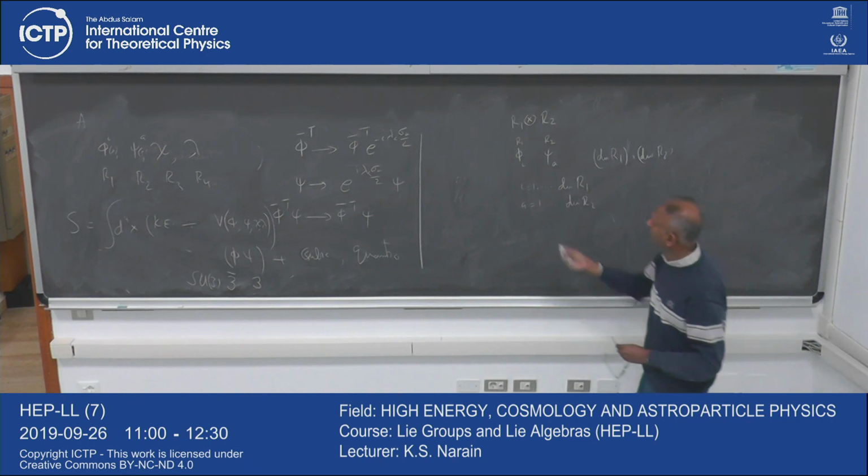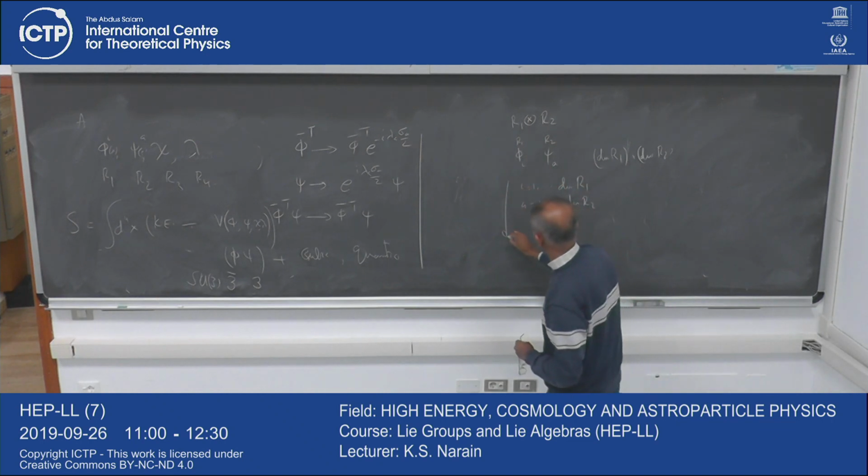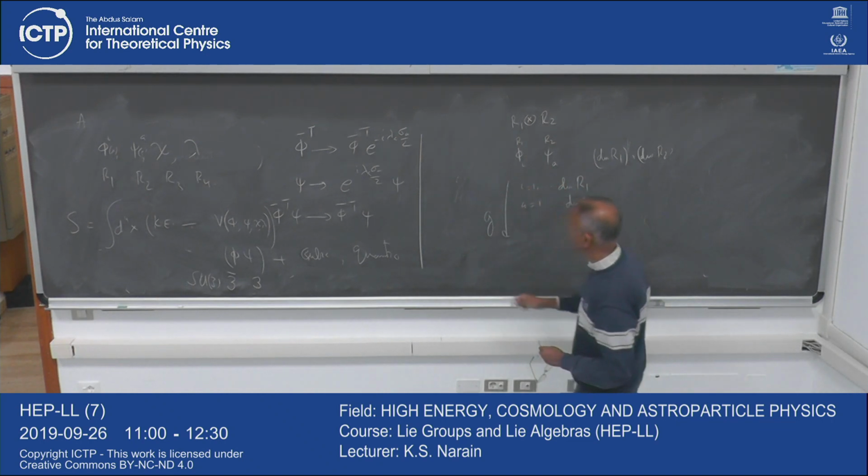So if I take one of these, how is it going to transform under the finite group element G?